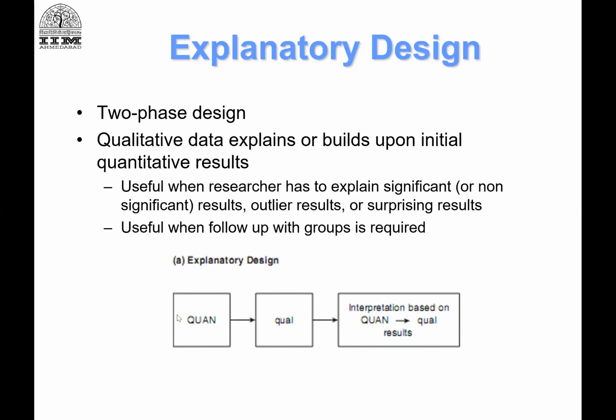It is useful when researchers have to explain significant results, outlier results, or surprising results. So for example, in your quantitative analysis, you found some counterintuitive results. So what do you do? You go back to the respondents and interview them about those counterintuitive results.